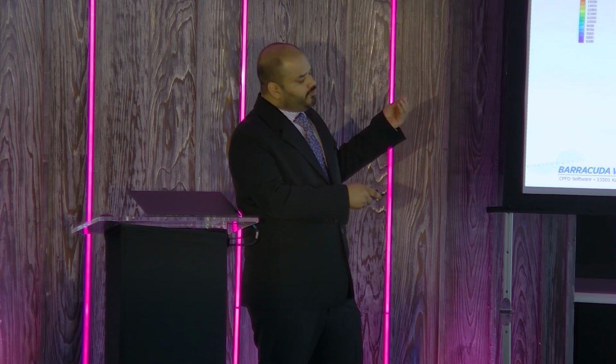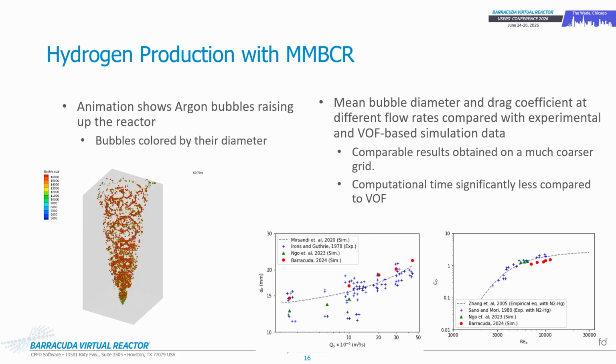So, one VOF simulation, tune the Barracuda model, run hundreds of these, get the training data, use Saurav's model, and generate a ROM on this. This is a great example of how you can combine multiple simulation tools and get your answer.